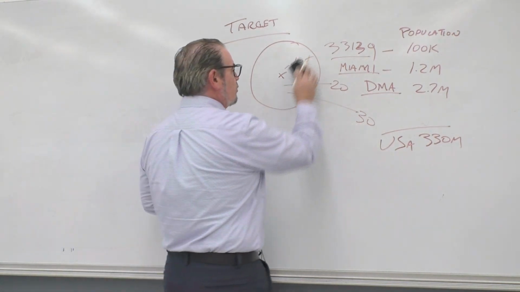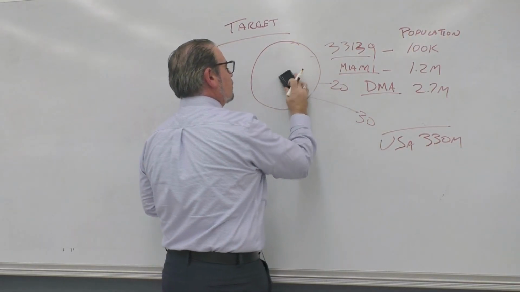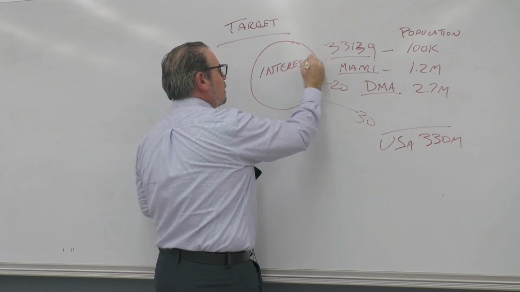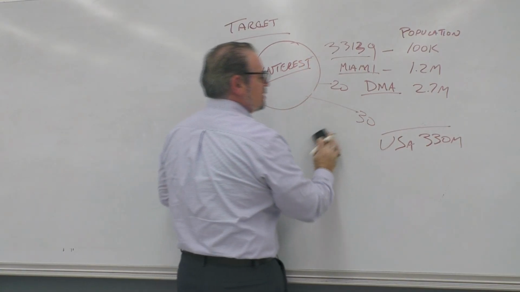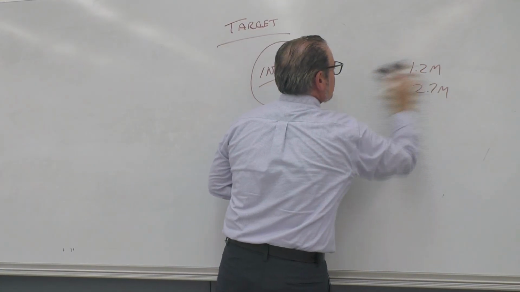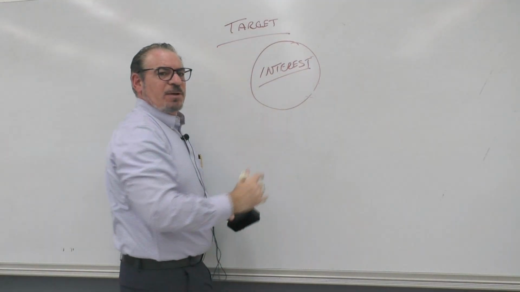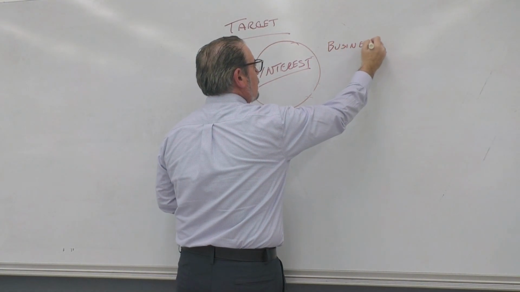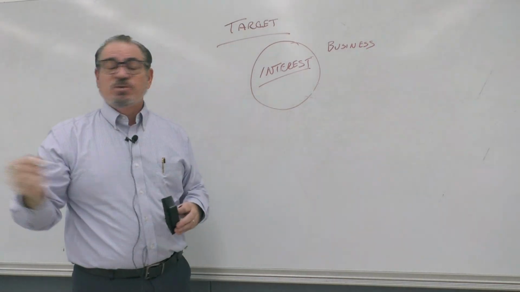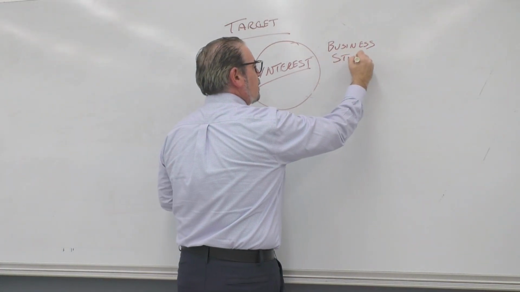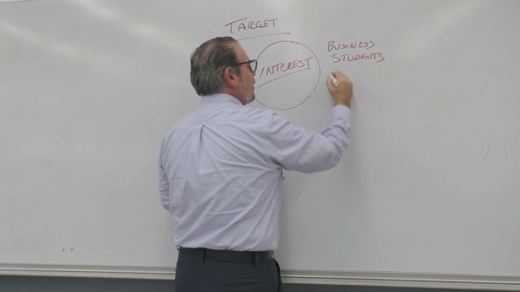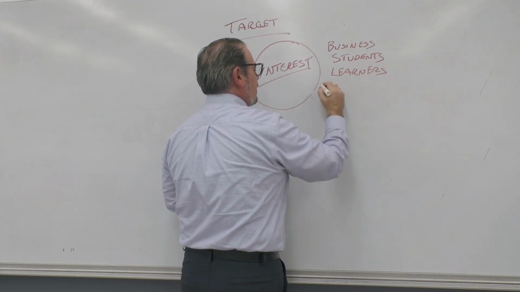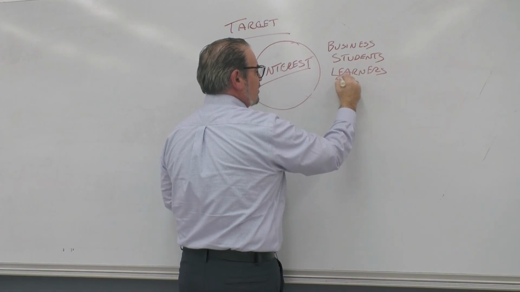The next thing you could do is look at what they like. So maybe interest. So in our case, let me erase this. In our case, what was the interest? They wanted to be business, right? Maybe they needed to be students. Maybe they wanted to be learners. Maybe they could be professional.